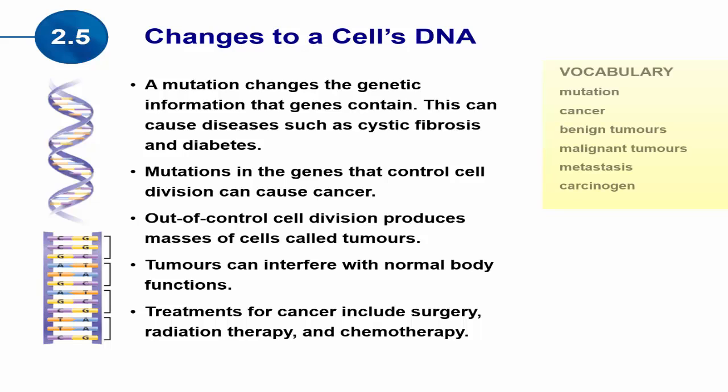So some of the vocabulary that comes in this section, the word mutation itself, cancer. By the way, the genes that actually cause cancer are called oncogenes. There's a word for you, oncogene. A doctor who specializes in cancer treatment is called an oncologist. So there you go. Nice word for you.